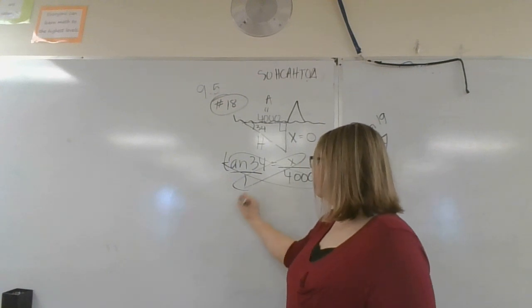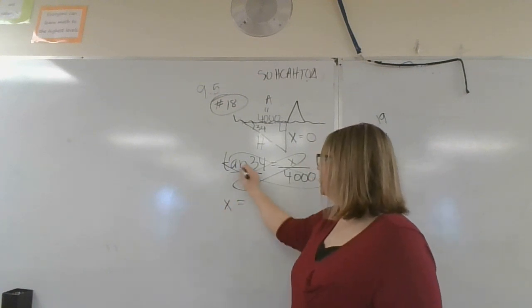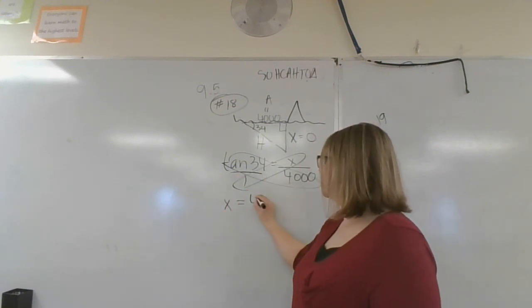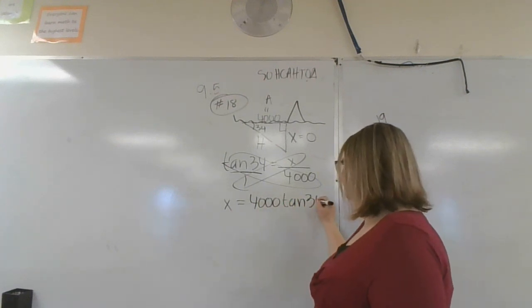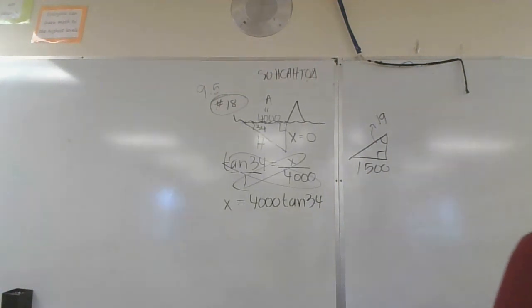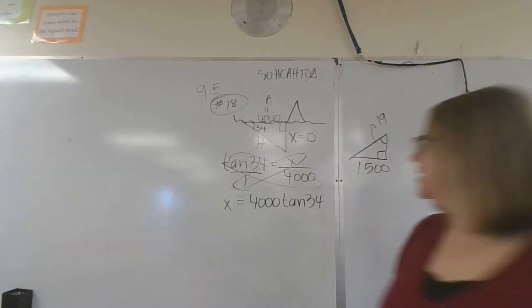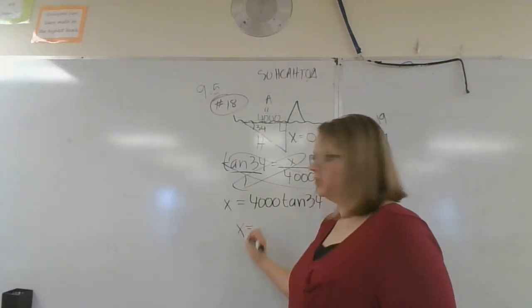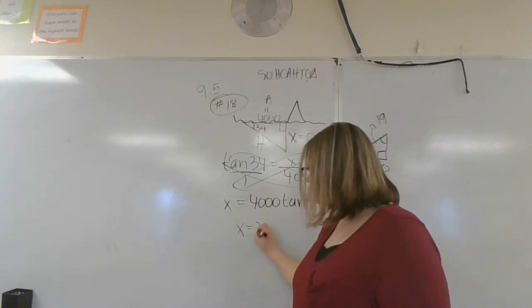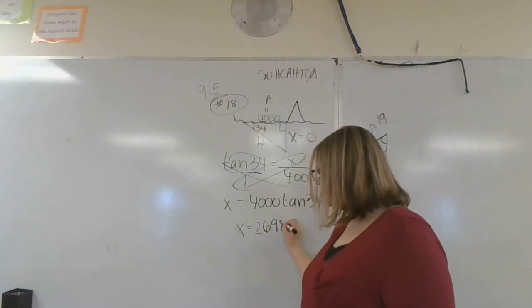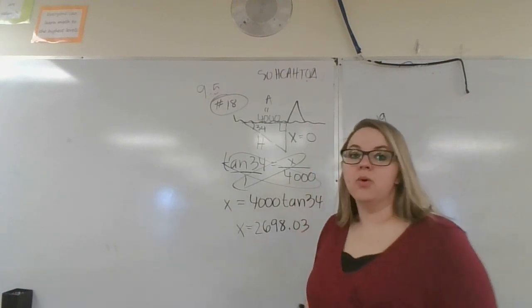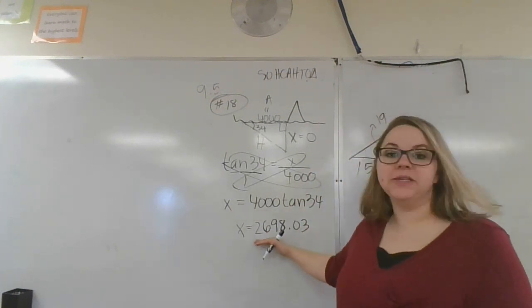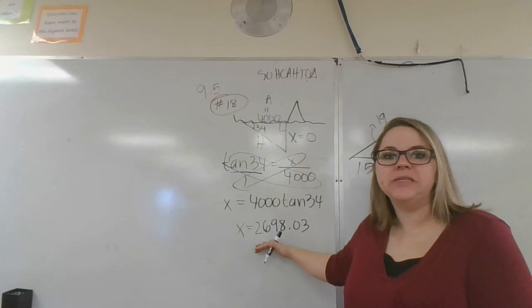So I have X times 1, which is this X, and then tangent of 34 times 4,000, which is 4,000 tangent 34. Okay, now I'm going to put that in my calculator, and I get X equals 2698.03.